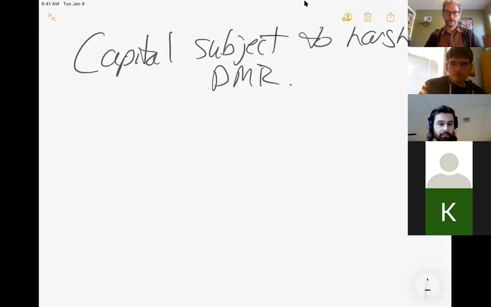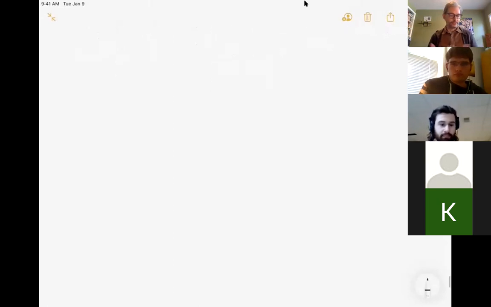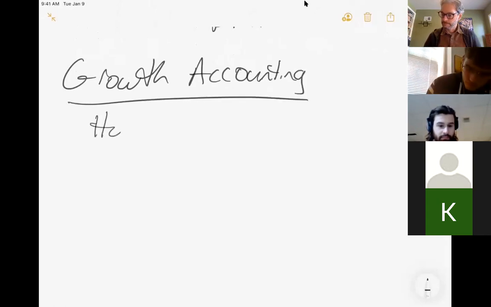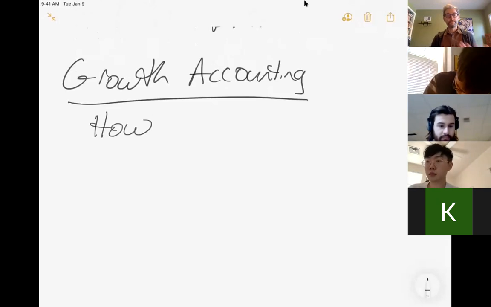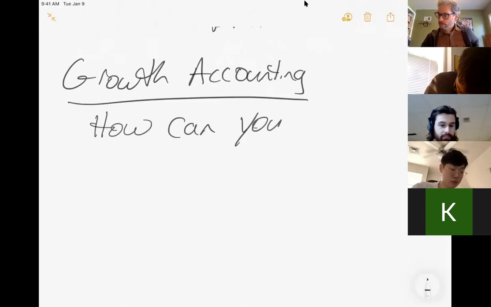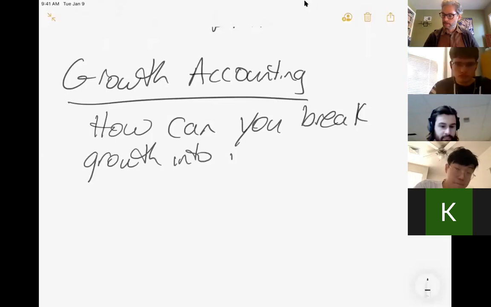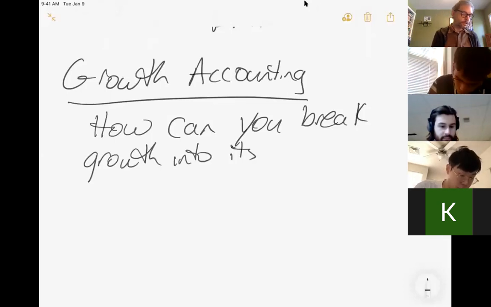Okay. So let's continue this discussion by moving to talking about what's called growth accounting. And this is an empirical discussion. How can you break growth into its components?